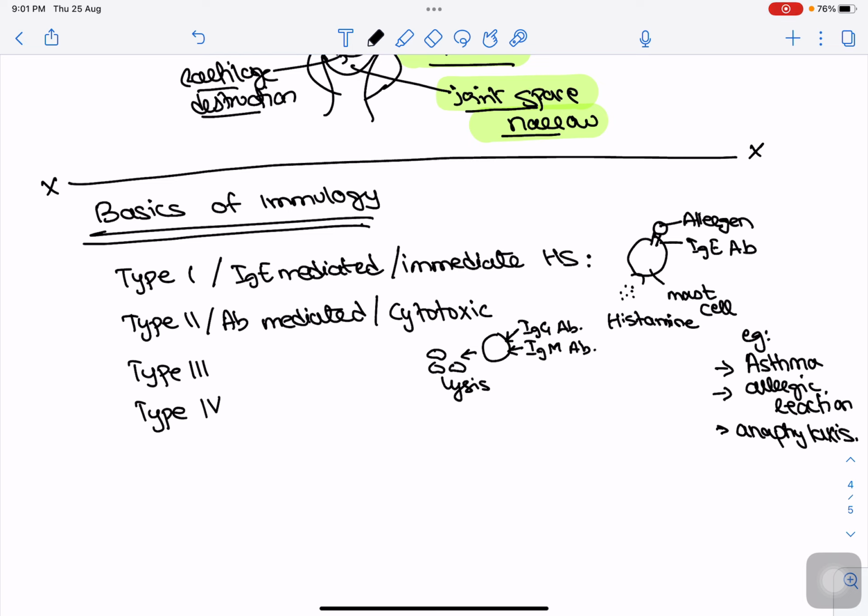So in type 1 IgE mediated, the allergen comes up and binds to the mast cells, and there's a release of the inflammatory mediators, followed by type 2, which is cytotoxic and antibody mediated, in which IgG or IgM antibody deposits onto the cell membrane and leads to the lysis of the cell.